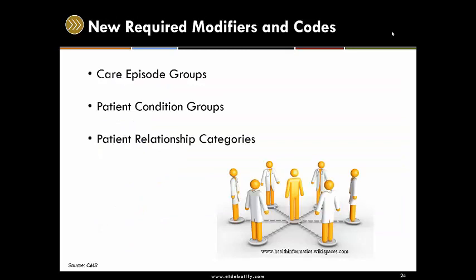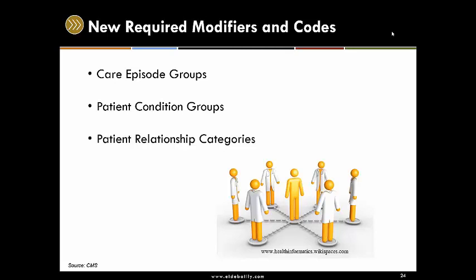We'll talk a little bit about new modifiers and codes that are coming out. There have been some new things in the final rule on this. We have care episode groups, patient condition groups, and patient relationship categories, and we'll go into a little bit of detail on each.